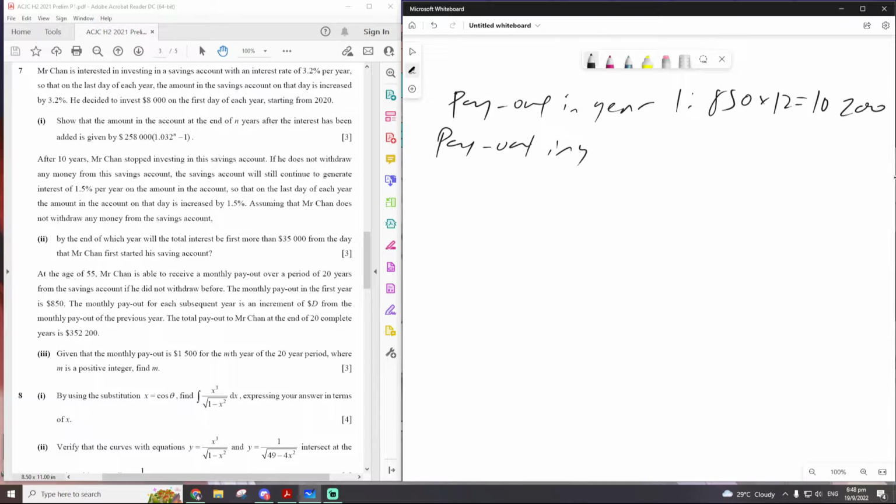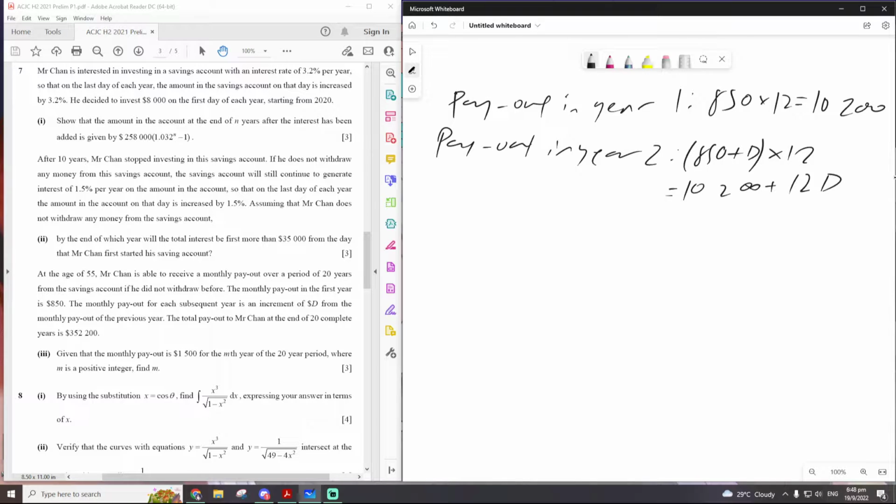Payout in year 2, now you increase by D, 850 plus D times 12 equals 10,200 plus 12D.